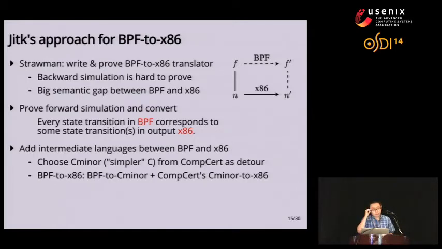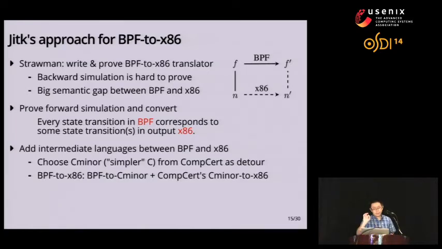First, we prove a forward simulation, which is way easier to prove, and then convert it to the backward simulation. The idea is to prove that every state in the high-level BPF corresponds to some low-level transitions. That's the same as a translator, and that's way easier to prove. The second trick is we can add intermediate languages between BPF and x86 to bridge the gap.